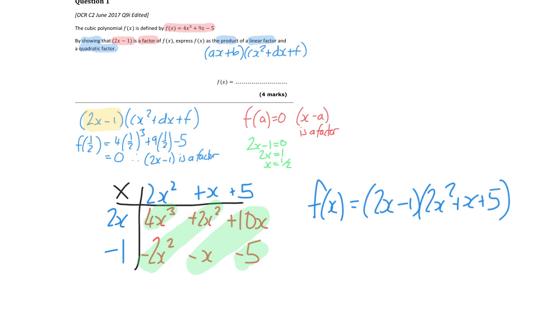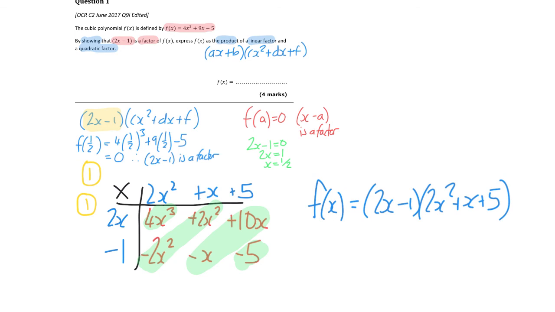Okay, and let's go through the marks. For this one, you would get 1 mark for using the factor theorem, so subbing in a half and getting 0. You would get 1 mark for attempting to do the grid. By attempting, that means putting 2x minus 1 down the side, starting with 4x cubed inside the grid, and trying to fill in the grid.